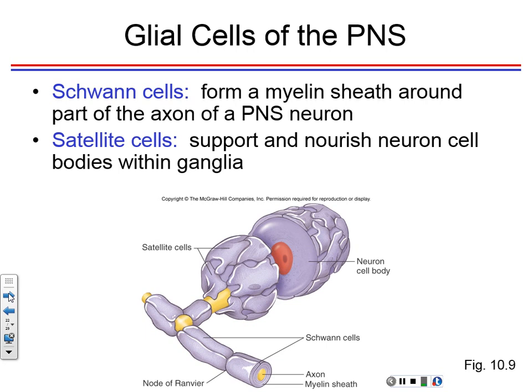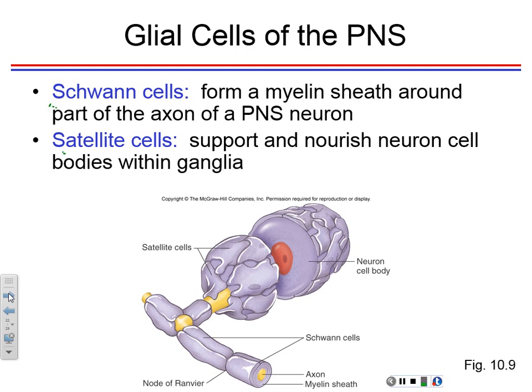And of course, especially those one meter long axons, they're going to need myelination, don't you think? To conduct the information very fast, to go to your big toe. If you step on a tack, you want to move your foot real quick. You don't want it to take a few seconds to get up here. So you're going to need myelination, especially in those peripheral nerves.